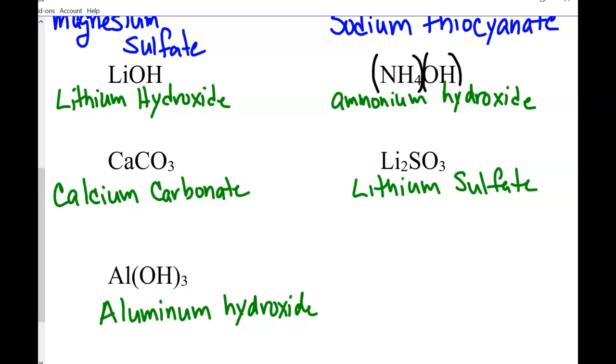Calcium carbonate makes up chalk and also shells. Li2SO3 is, oh, I have a typo here. This should be sulfite. My bad. Lithium sulfite. And Al(OH)3 is aluminum hydroxide. So go ahead and check your answers.